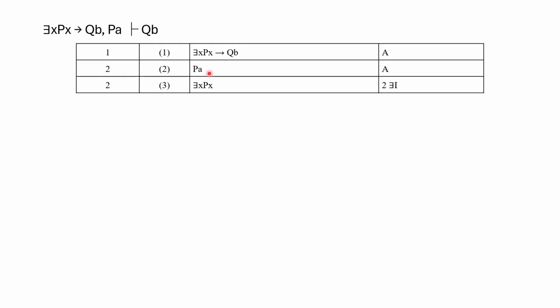Because there's something that is a P, that means there exists something that is P. That's the whole idea. So we just add an existential quantifier to this statement up here, and then we can get the consequent, this QB, out from our first line by doing 1 and 3 arrow out, and then that's it.